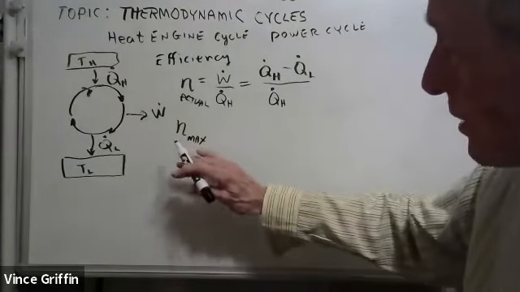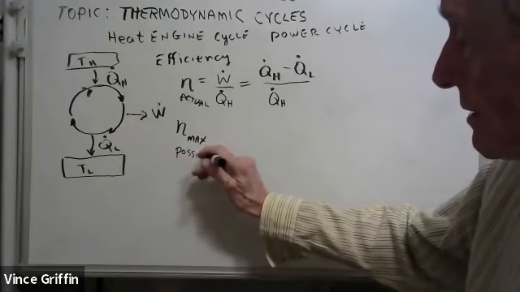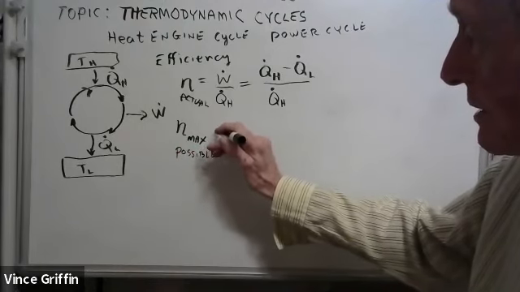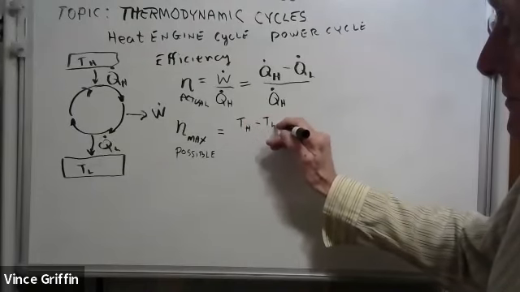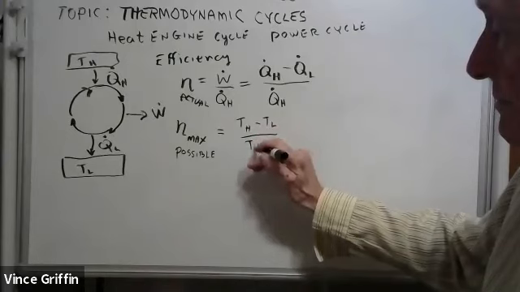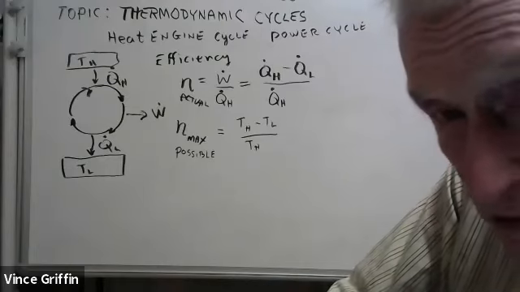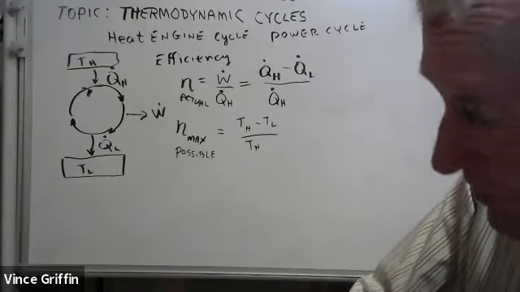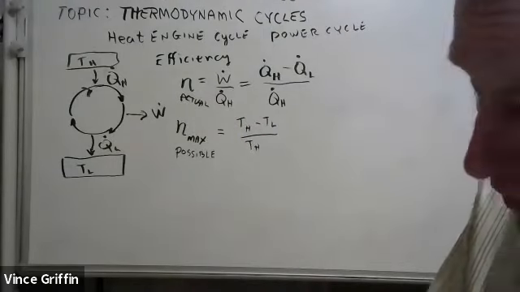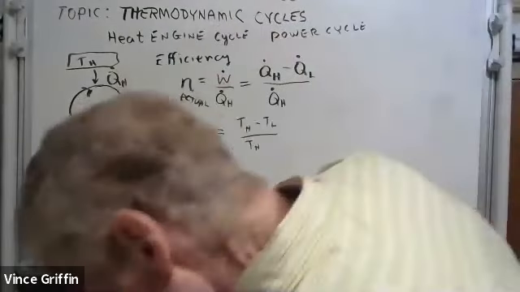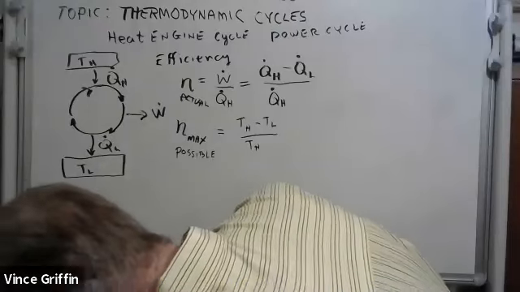But there's a maximum possible efficiency, and it's based on the Kelvin temperatures, and it goes like this. And in fact, the Kelvin temperature scale theoretically is based on a perfect power cycle that runs without any irreversibilities.